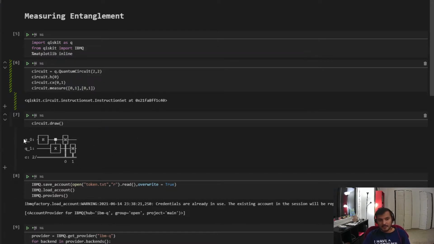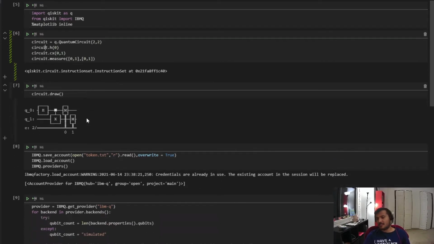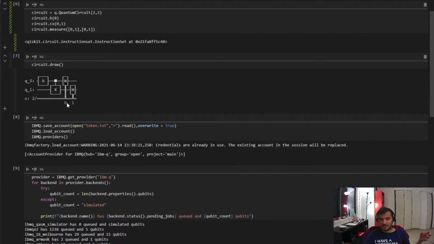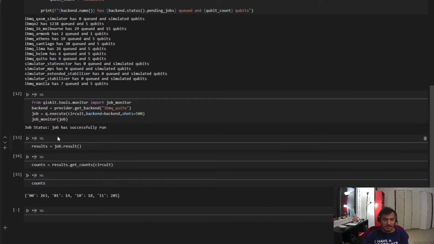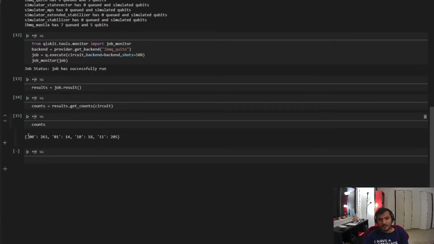The first gets a Hadamard, and then I have this C naught, and then I measure my output. Circuits like this are always initialized with 0, so I don't have to specifically set the initialization to be 0. Then I run this code on an actual quantum computer, and the output I get is, as you can see over here, the state 0, 0 and the state 1, 1 are the highest occurring states.